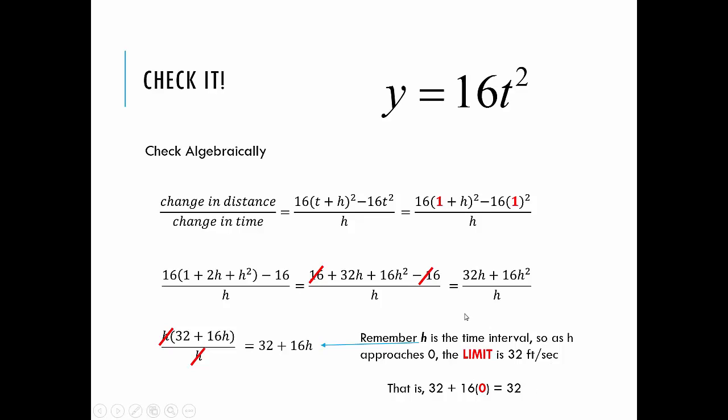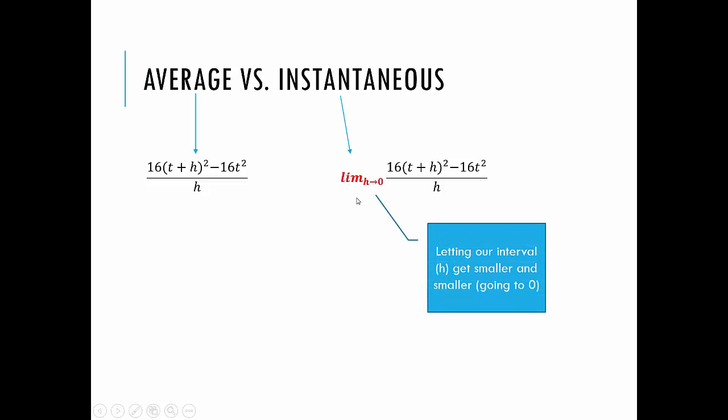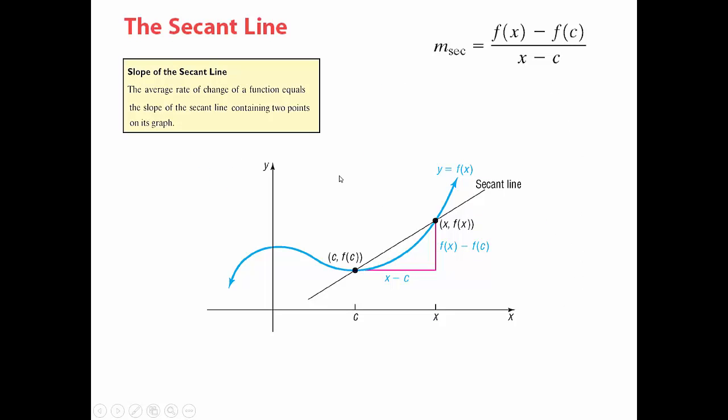So the big difference here between average rate of change and instantaneous rate of change is when we let this piece right here approach 0. We let that interval get smaller and smaller and smaller, and that's what's happening. So we start out with our secant line.